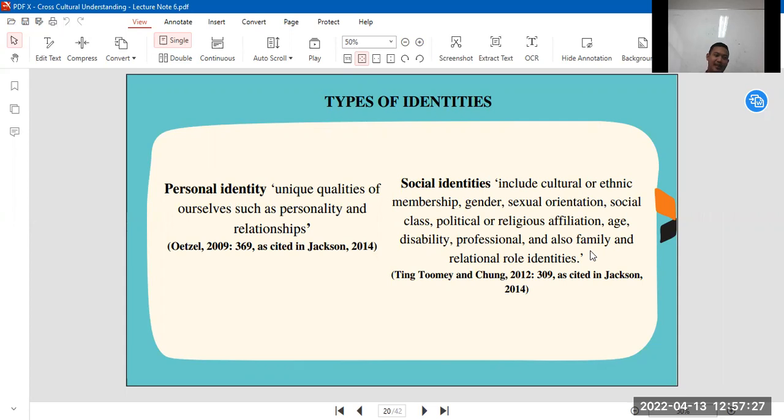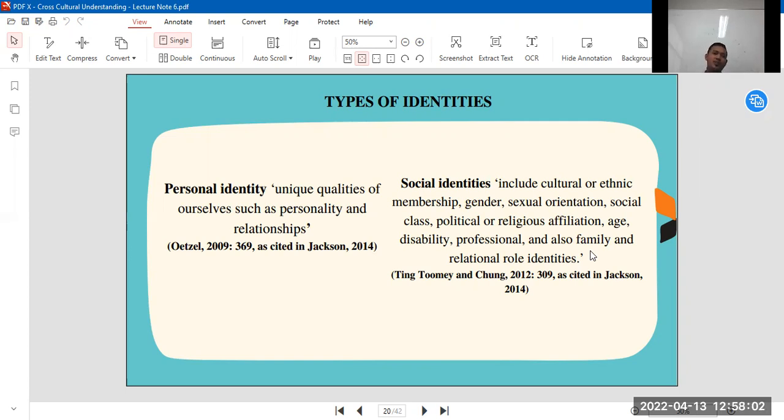For example, we can identify ourselves according to our religion: Christian, Muslim, Islam, Jews, Catholic, and so on. It could also be according to our place of origin: Korean, South Korean, Southeast Asian, Hong Kong, European, and so on.